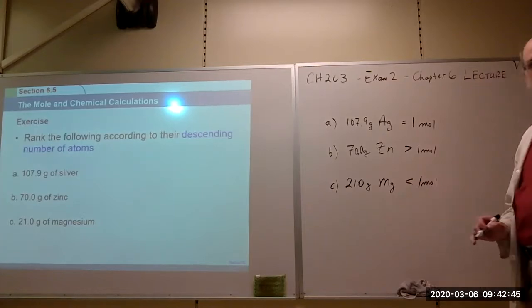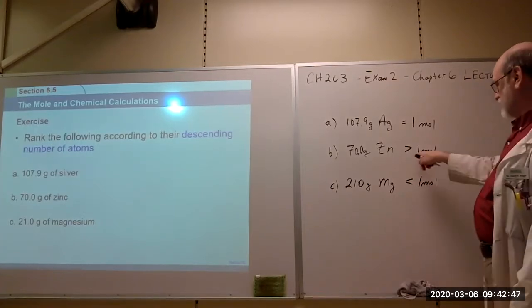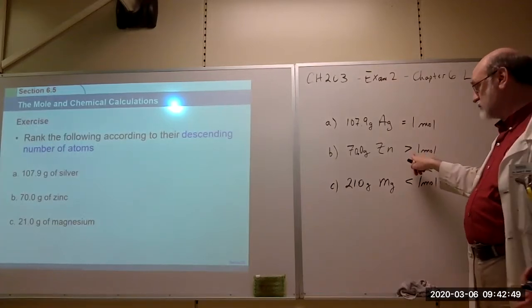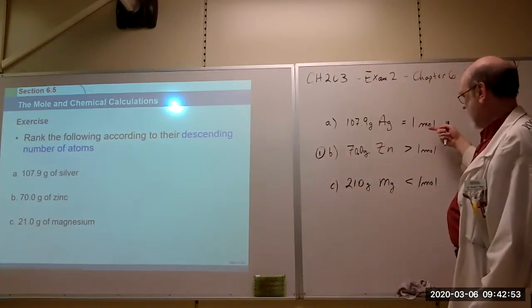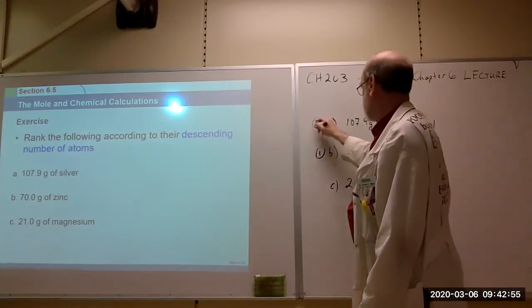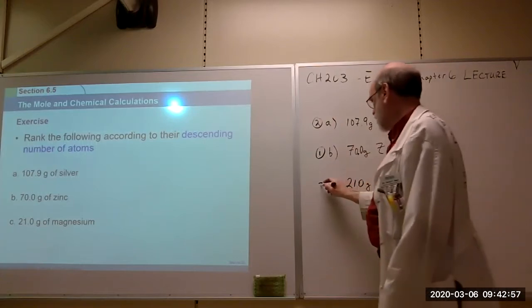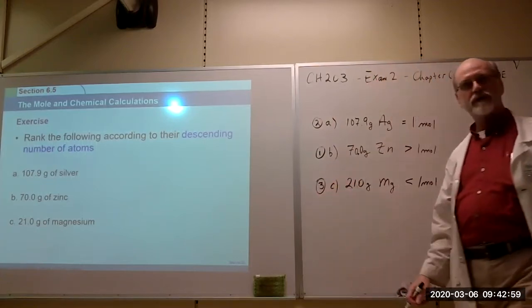Now we put them in order, greatest to least. Greatest is more than a mole, so that's first, then exactly a mole, and then less than a mole. So that's the order.